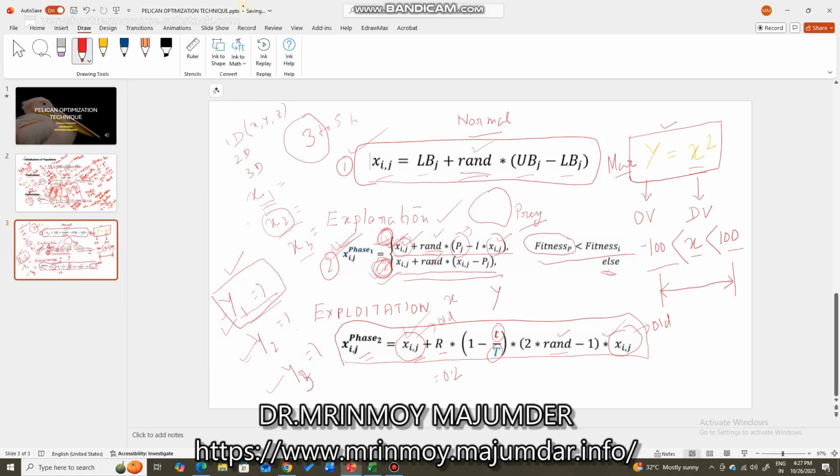And then the last step, exploitation. Again you generate an x value for each of your agents. If it is 3, 3 x values need to be generated; if it is 5, 5 x values. For that generation you use this formula, where the old x is the old x of your agents, R is 0.2, small t is the current iteration, big T is the maximum number of iterations that you have allowed, and all the rand are the same random function.